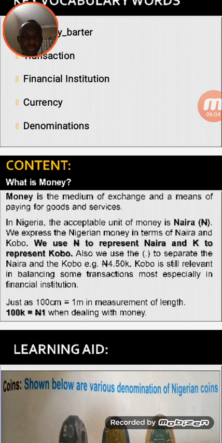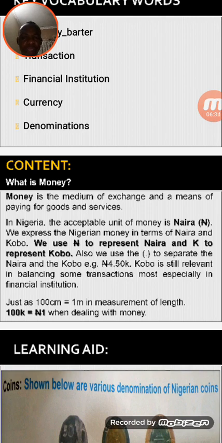There's something that is given in exchange for the service being rendered. Okay? In Nigeria, the acceptable unit of money is naira.